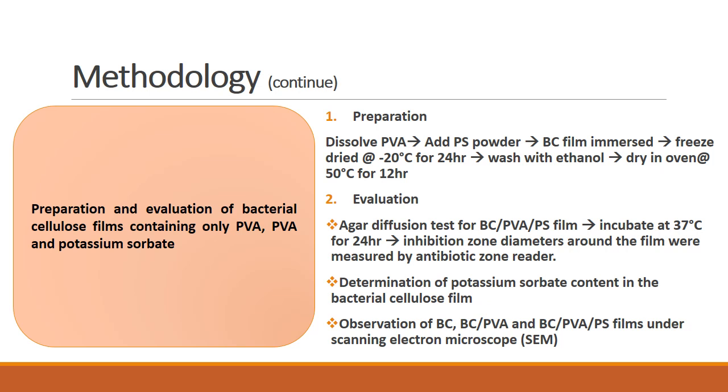The parameter, the inhibition zone diameter around the film, is measured by an antibiotic zone reader. Besides, we also determine the potassium sorbate contained in the bacterial cellulose film. To observe the morphology of the new film, we use a scanning electron microscope.